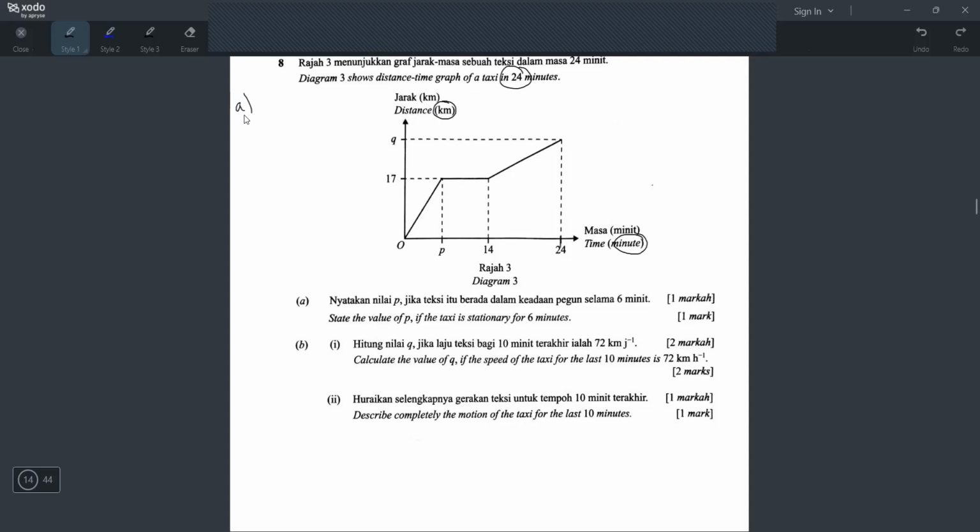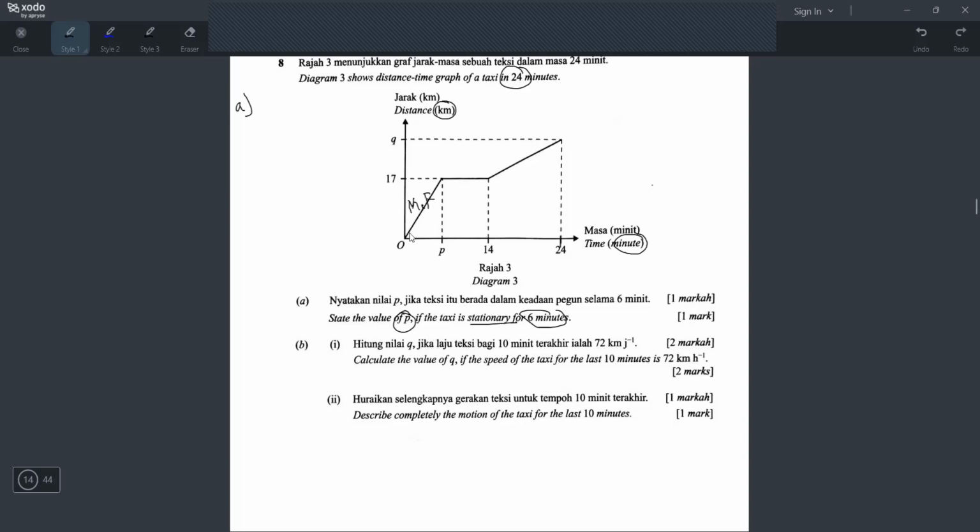Question A asks you to state the value of P if the taxi is stationary for 6 minutes. Okay, let's understand what each line is first. So the first line, what happens during this line? The time increases and the distance also increases. It means the taxi moves forward, right?